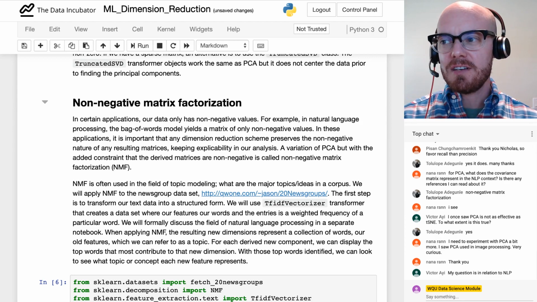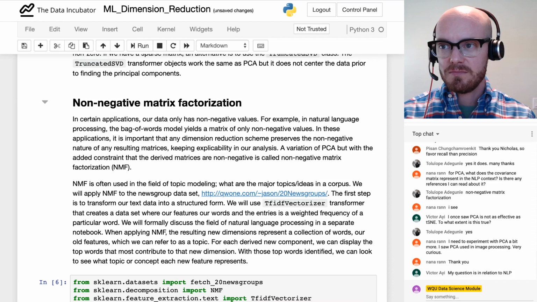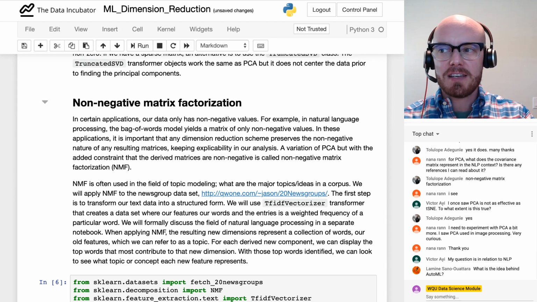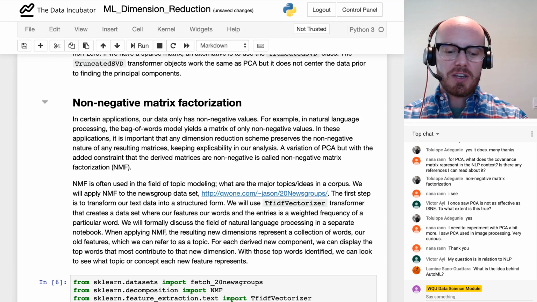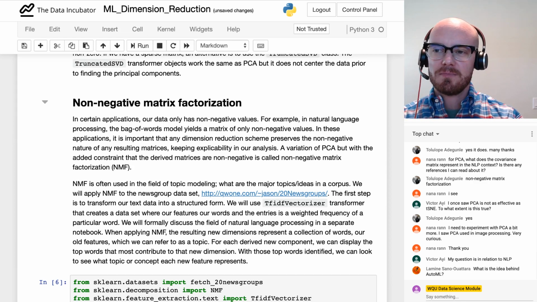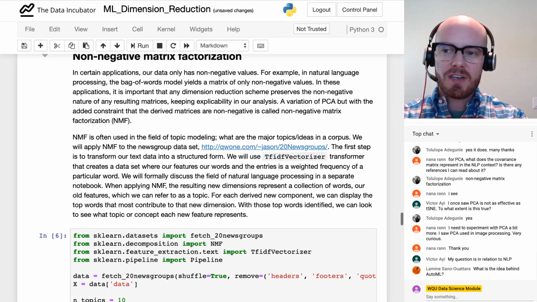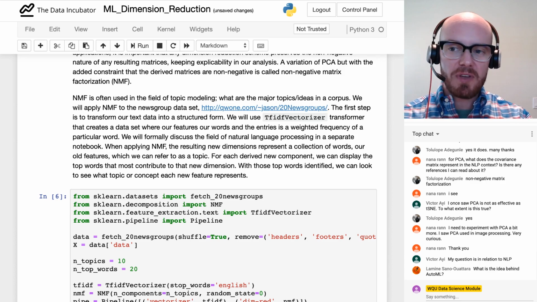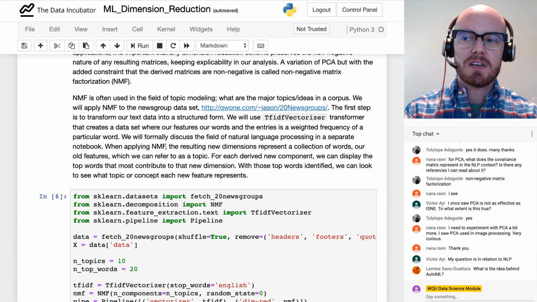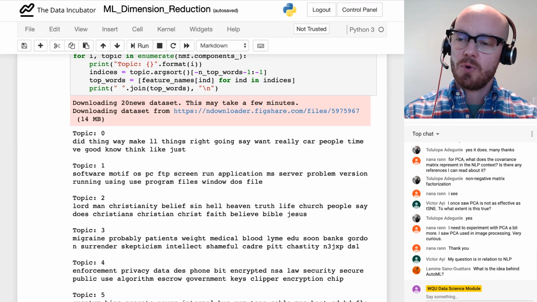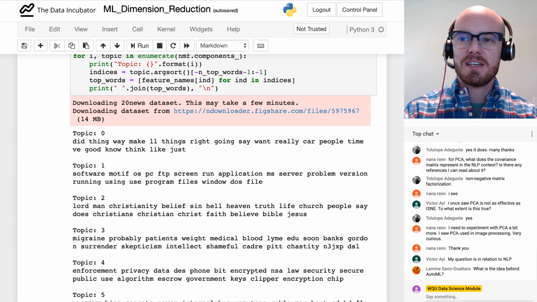And those negative values don't work in the context of natural language processing, because you can't say that there is negative presence of a word. It's either there or it's not. And so NMF is a way to do dimension reduction in the context of NLP because it ensures that you only have positive or zero values in your model.